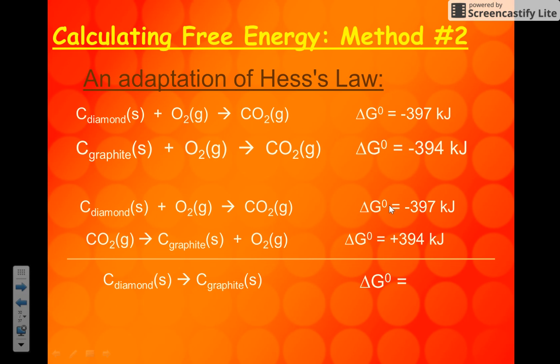So once you do that, remember, if you flip this reaction, you change the sign of your thermodynamic value here, the free energy. So we made this positive, and so now you add these numbers together, and you will get negative 3 kilojoules. So this is going to release 3 kilojoules of energy, and since this is negative, that indicates it's a spontaneous process, though it's not releasing a whole lot of energy.